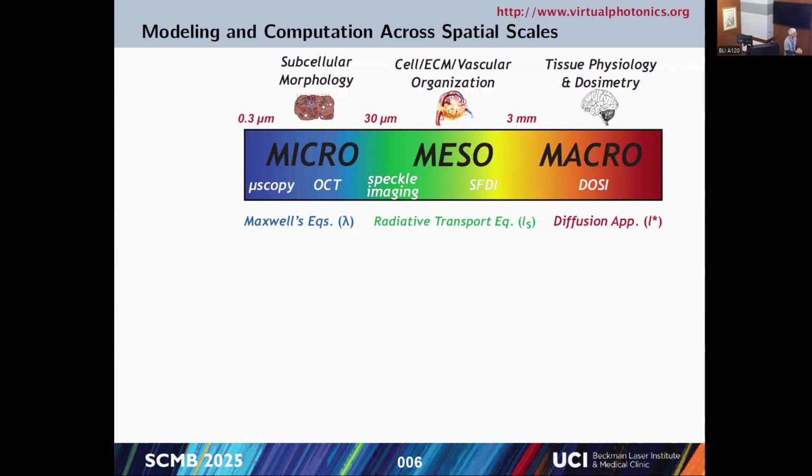From a modeling perspective, if your imaging technique or your application leverages coherent properties of light, you must use Maxwell's equations to model that phenomenon, right? Because, as we know, it's a rigorous framework to handle polarization, interference, diffraction, coherence.